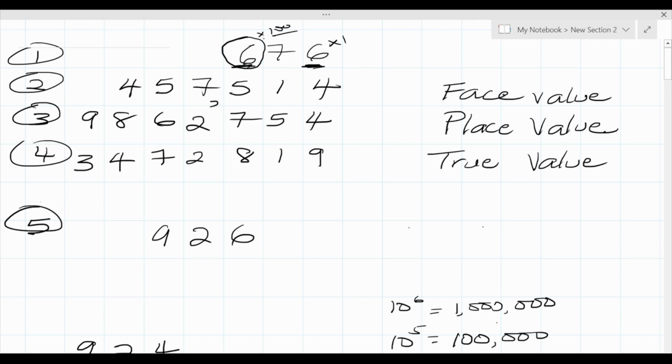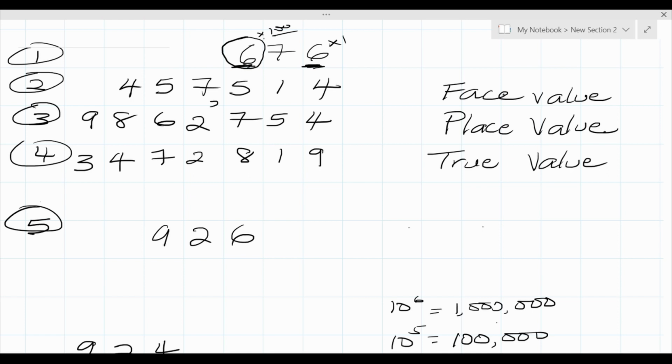Can't be 10 times, because 6 times 10 is 60. 6 times 1,000 is 6,000. 6 times 1 is 6. So thus common sense, it would be 6 times 100. So it's 100 times the value of the 6 in the ones place.